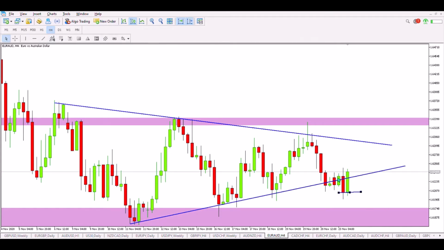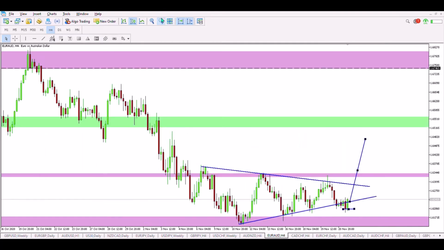Now on the 4-hour you can see that the price rejects all this breakout, so it may appear to be a fake breakout, or a false breakout, or however you want to call it. So this can result in a push in the opposite direction to the upside. So have this in mind when you're trading this pair, guys, or when you have such cases.